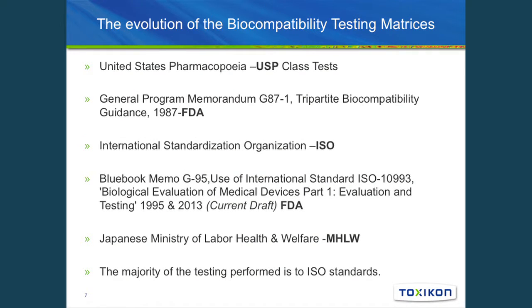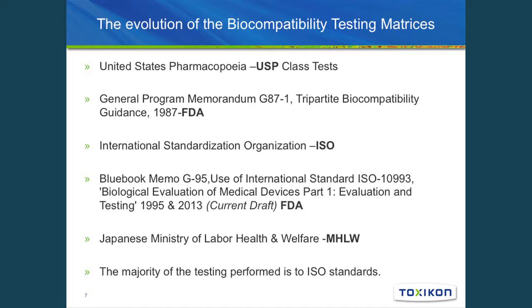With that, the FDA said, hey, this is a great document, let's talk about it some more. I'm going to tell you how I want you to read that document and how I want you to interpret it and what will make me happy as the FDA when you go to follow that ISO 10993, and maybe think of a few things that I thought of. So that really happened initially in 1995.